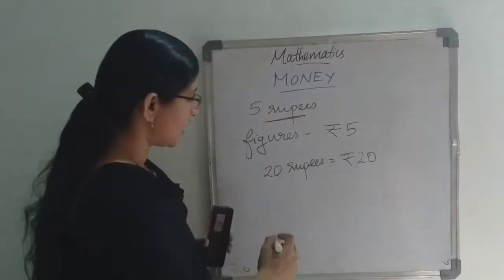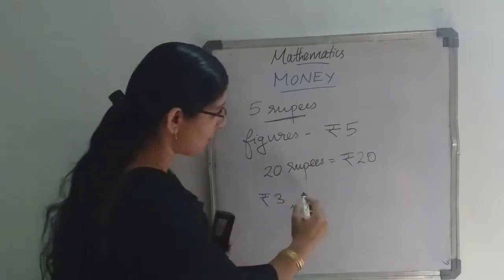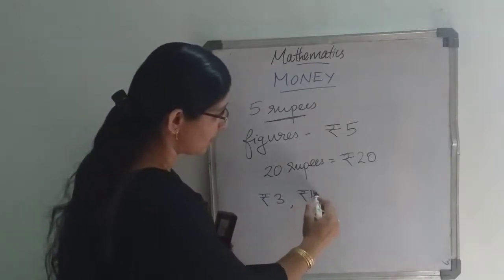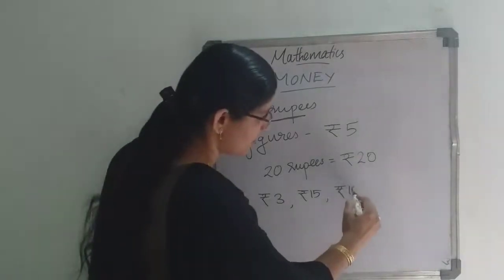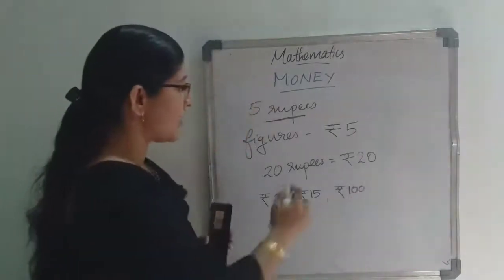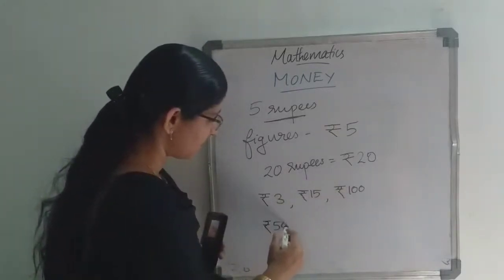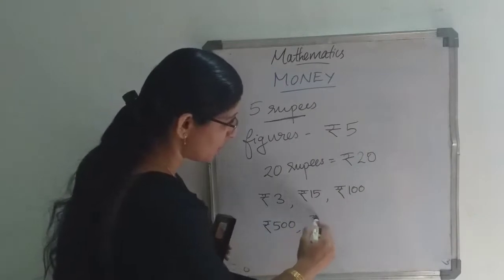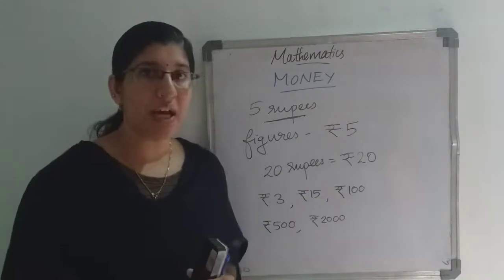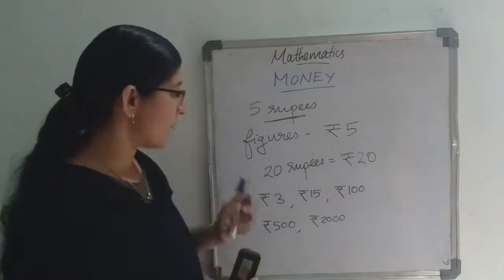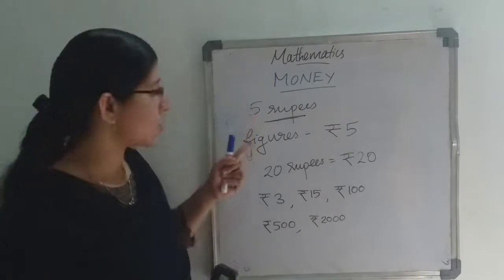If it is 3 rupees, how will you write? 15 rupees, 100 rupees, 500 rupees, 2000 rupees. You have to put the symbol. So this is the method of writing the rupees. You understood that? Whenever you get this type of question, where you are given the words, you need to write in figures.